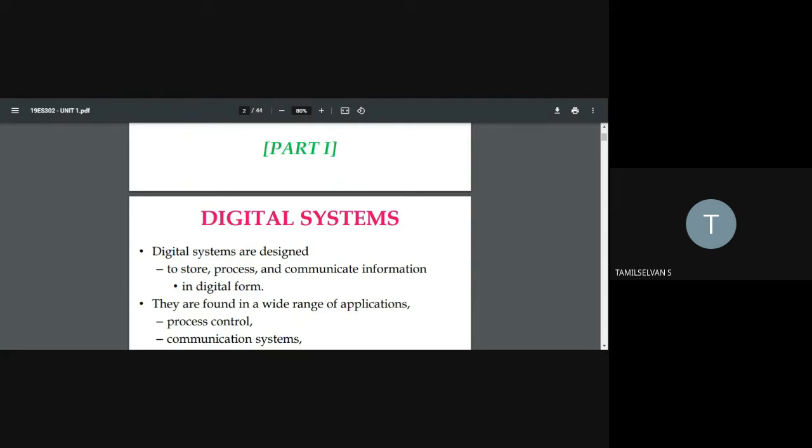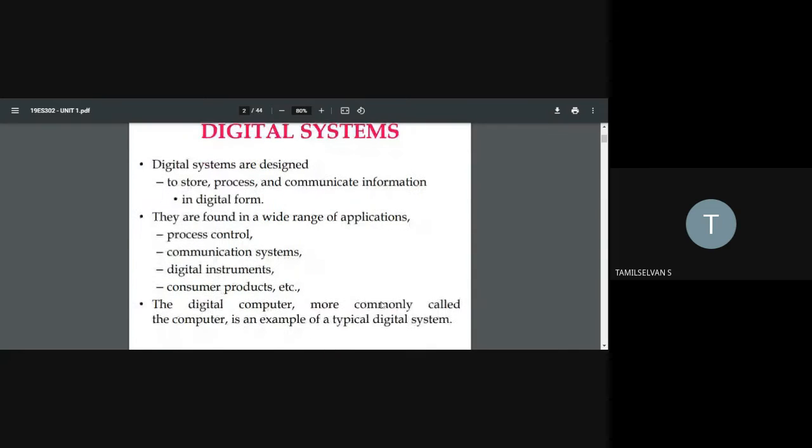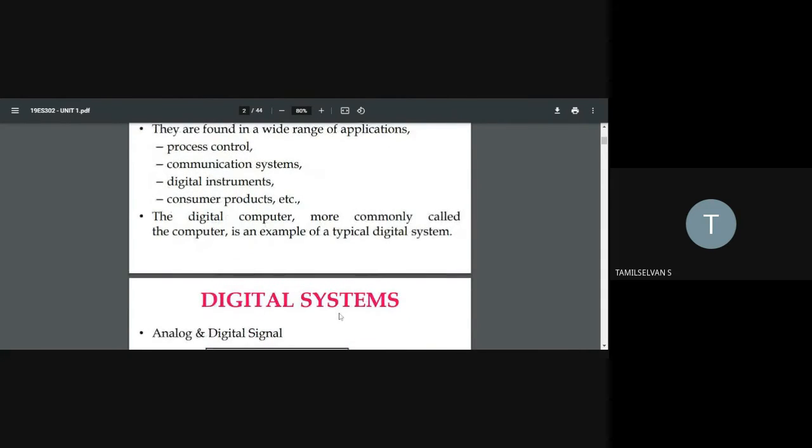There is a wide range of applications like process control, communication systems, digital instruments, consumer products, etc. The most common example of a digital system is our computer. It is the best example for a digital system, right?